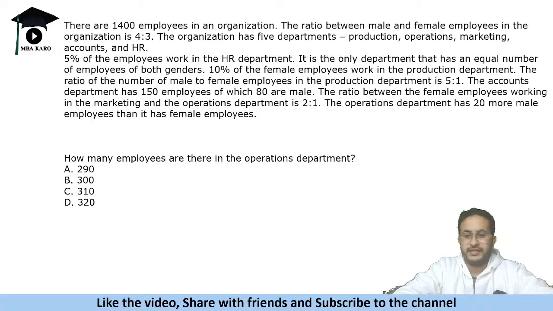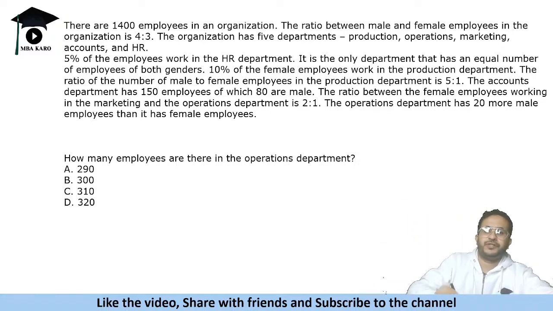So caselet, basically you need to draw a table using the conditions which are given, okay, and classify into two genders, male and female, and 5 departments.